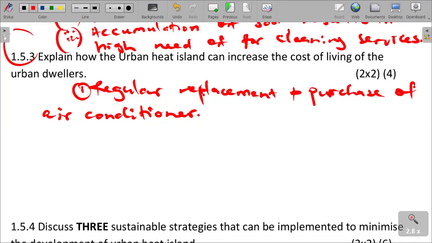And then we talk about the effect on their metal structures.